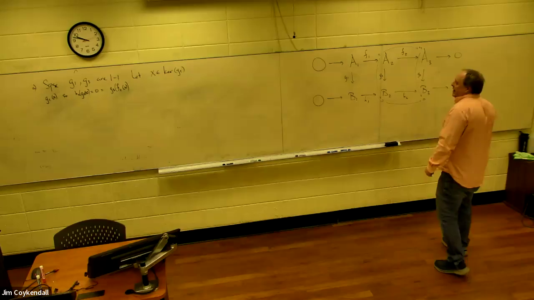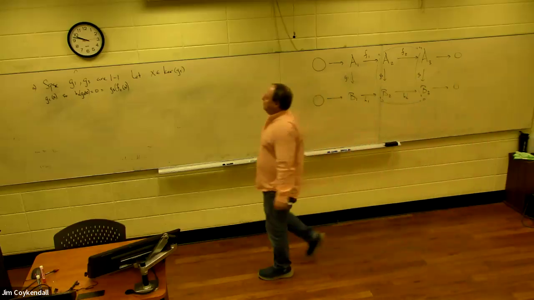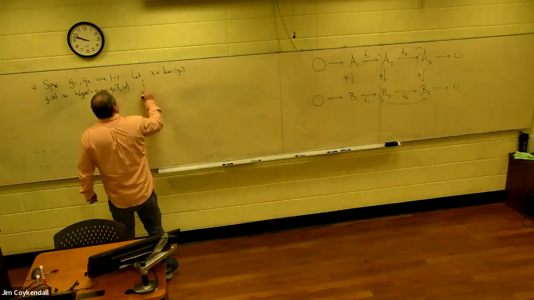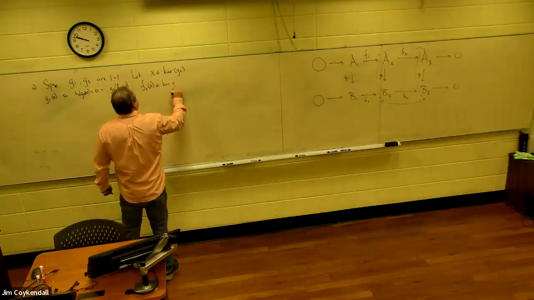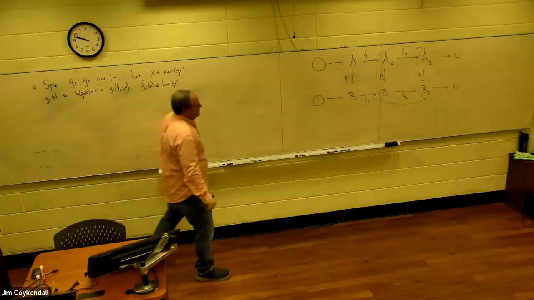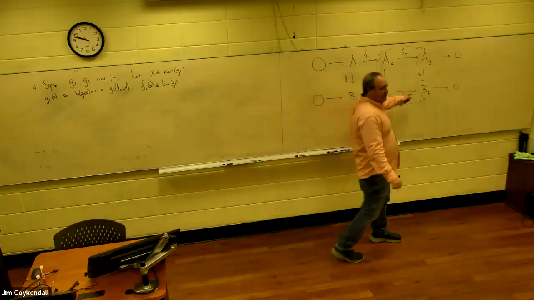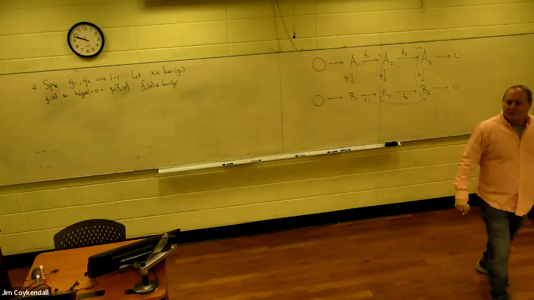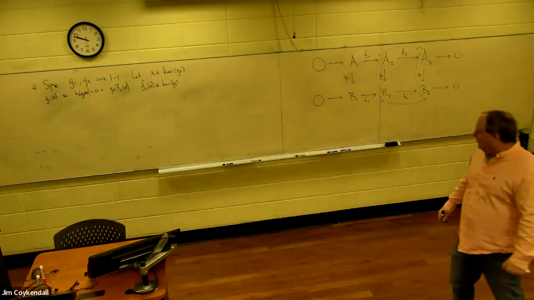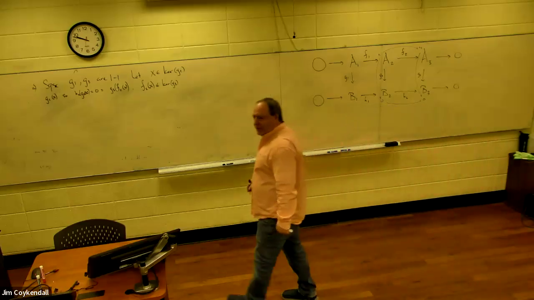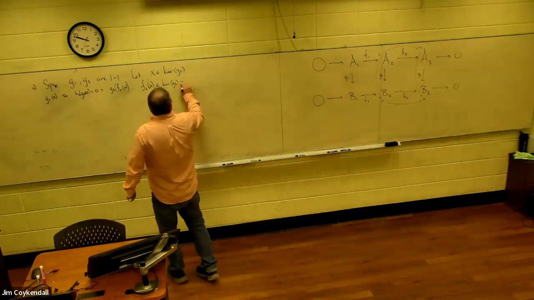I know that F2 X is in the kernel of G3 because it goes to 0 this way. And what, pray tell, is the kernel of G3? 0, because G3 is 1 to 1. This is 0.